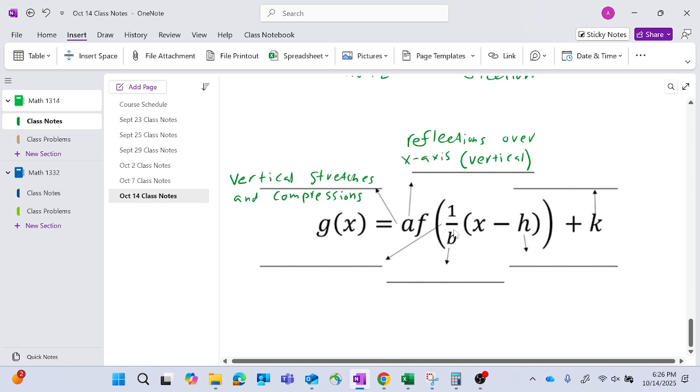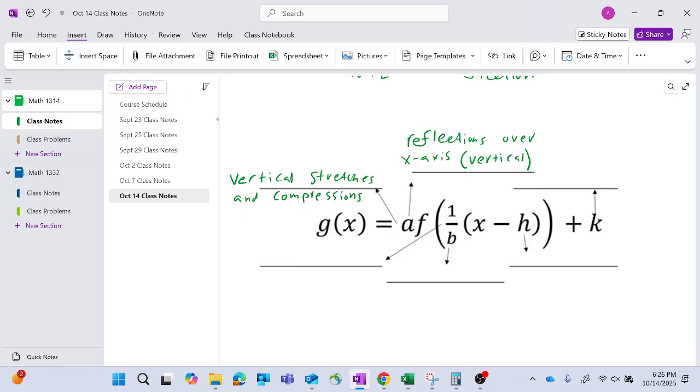For the b value, the 1 over b value, that 1 over b, or what's multiplying the x, does everything horizontally. So horizontal stretch and compression. And also reflections over the y-axis, or horizontal reflections.